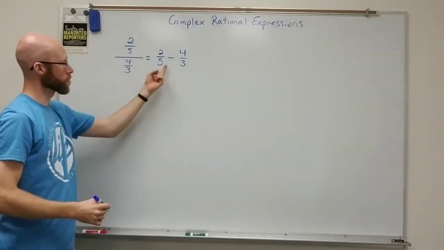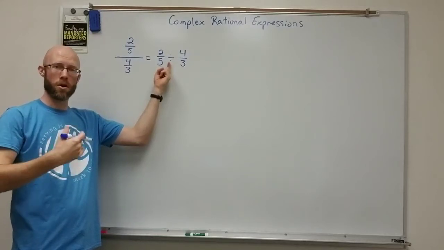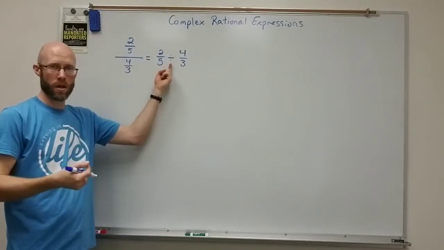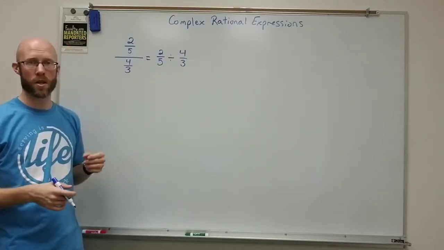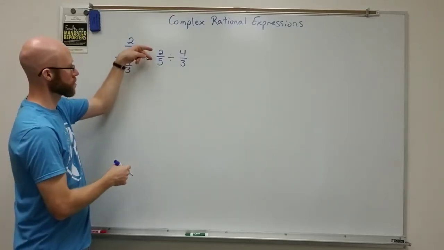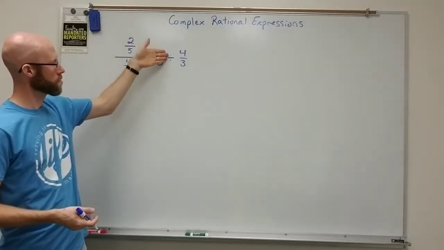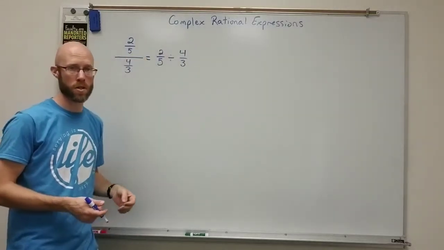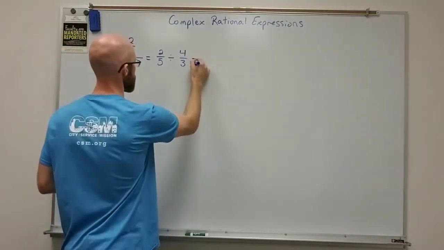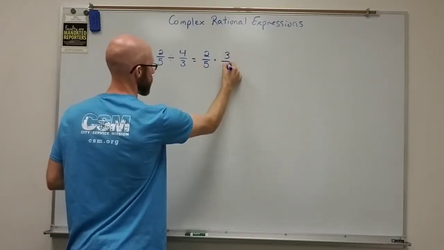And so remember, with dividing fractions, it's equivalent to multiplying by the reciprocal. We dealt with that when we did the dividing of rational expressions a few sections ago. So here we're going to do the copy dot flip, as I call it. Copy the first, change this to multiply, and then flip the second fraction. So you're multiplying by the reciprocal. So I'm going to write this as 2/5 times 3/4.